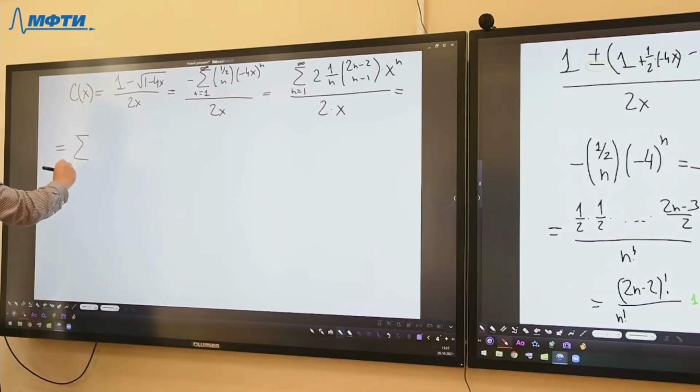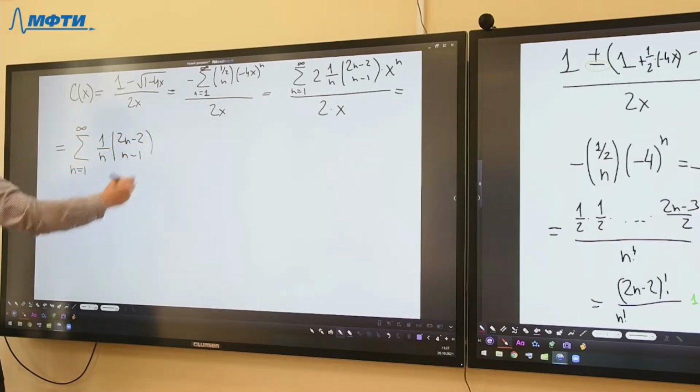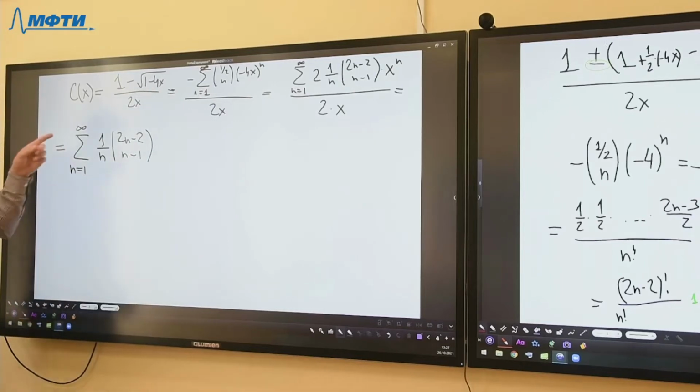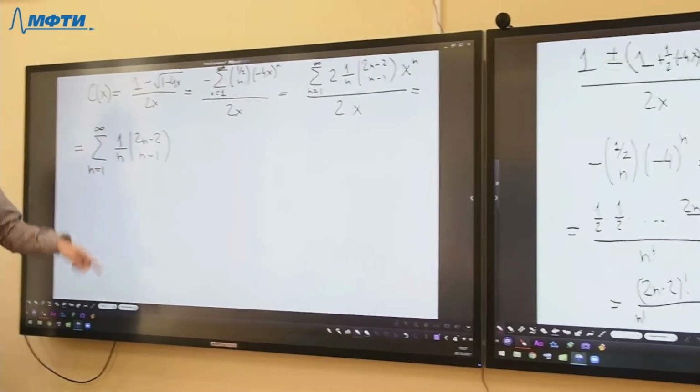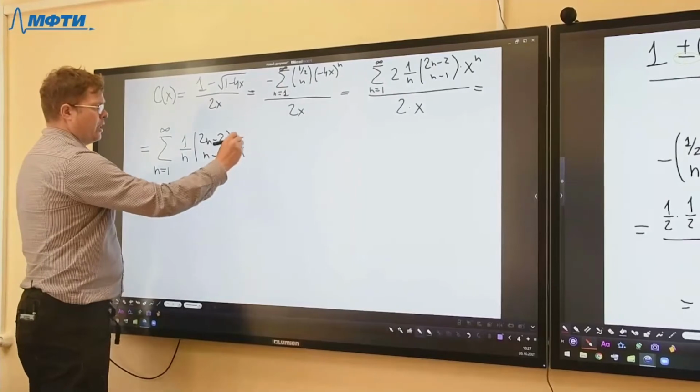And so we have the formula: the sum from n equals 1 to infinity of 1 over n, 2n minus 2 choose n minus 1, times x to the n minus 1.